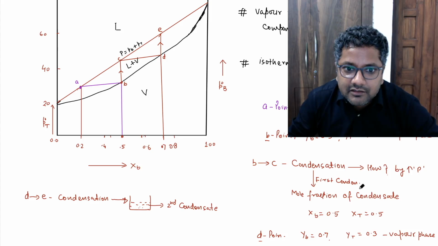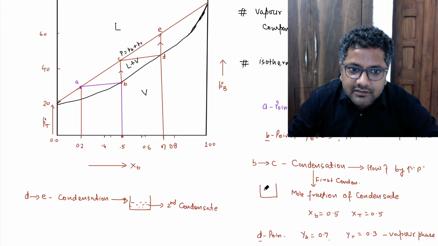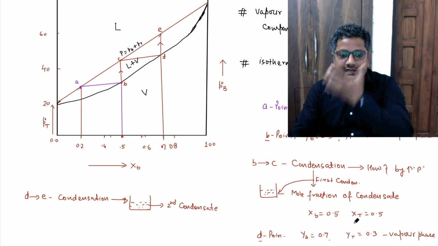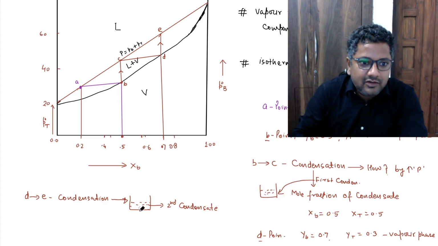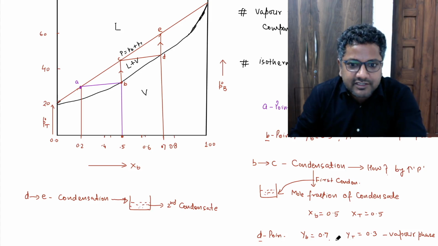And here, whatever we were getting is called the first condensate. So in the first condensate, you have mole fraction of benzene and toluene 0.5 each, and now in the second condensate, you have mole fraction of benzene 0.7 and toluene 0.3.